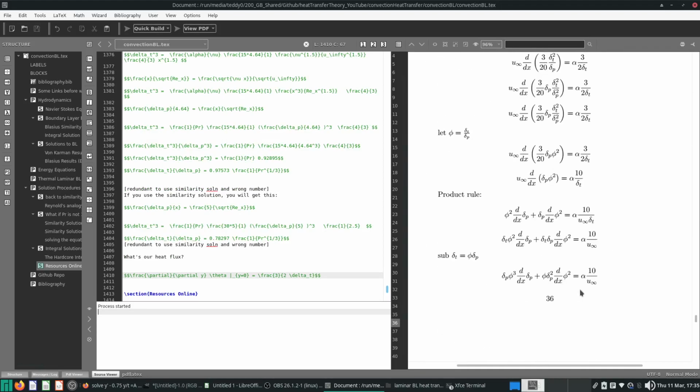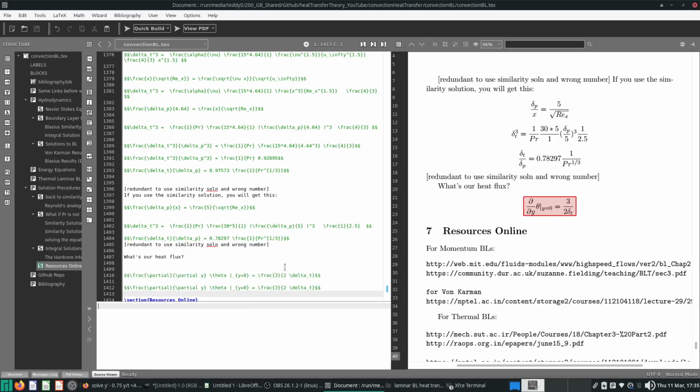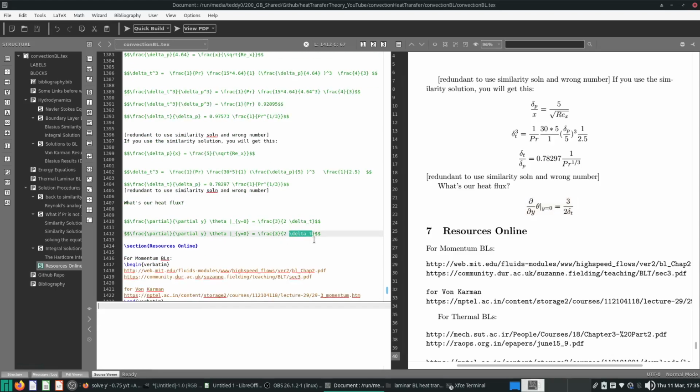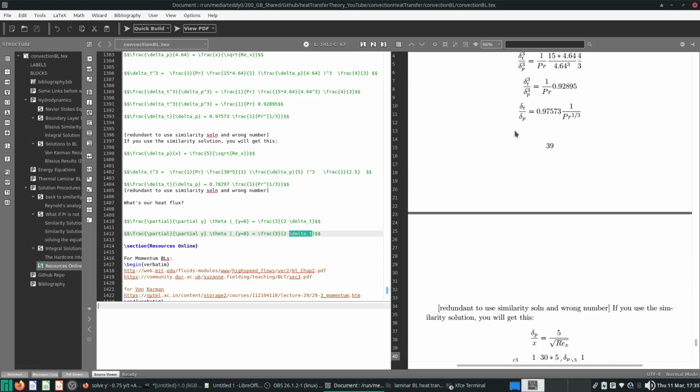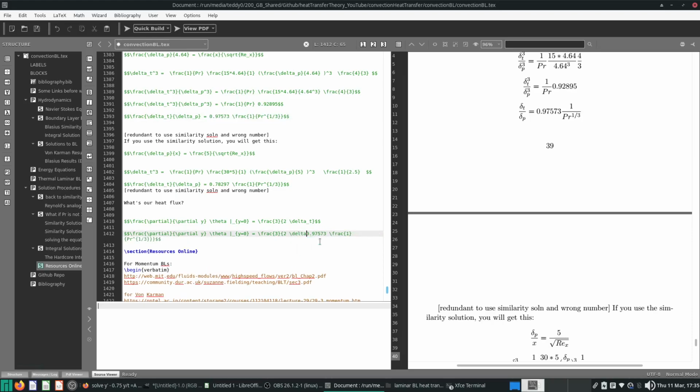Now of course we can just quickly place in delta t equals delta p times all of this here.